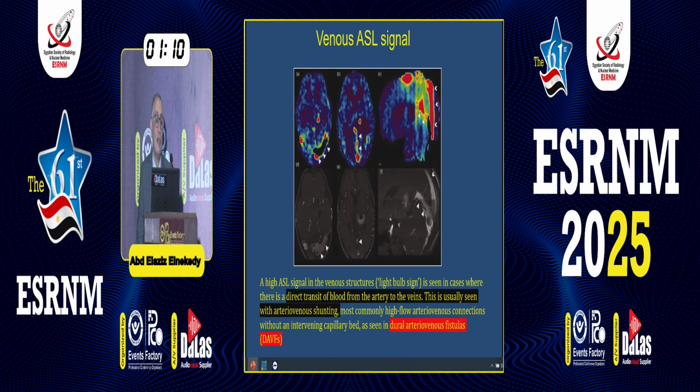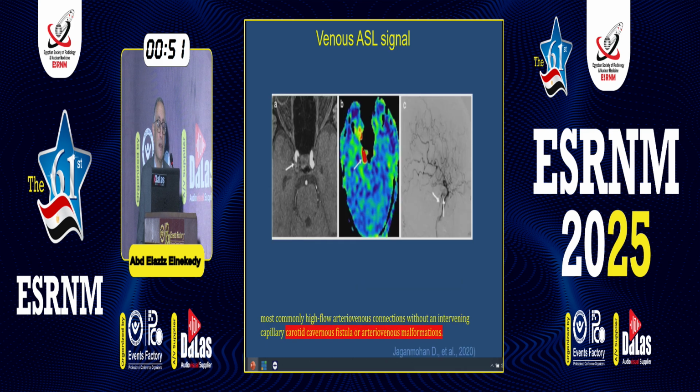This is a very nice example of ASL signal to be seen in the sagittal sinus or the transverse sinuses. And this means that we have direct arteriovenous fistula, and they say that this may be the early sign to detect dural arteriovenous fistula.